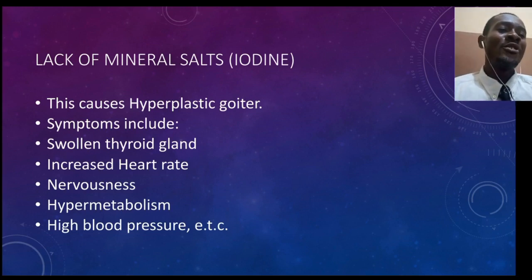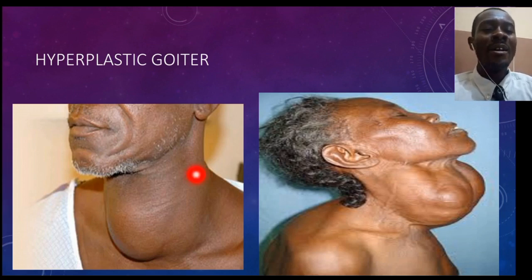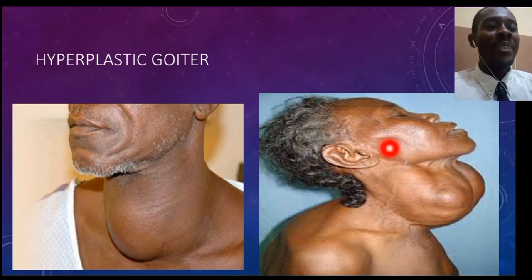Let's look at the pictures that show some of these symptoms on patients that are suffering from lack of iodine. This is the hyperplastic goiter on this patient. The neck is swollen in front. For this particular patient here, you can see that her own has grown so big.